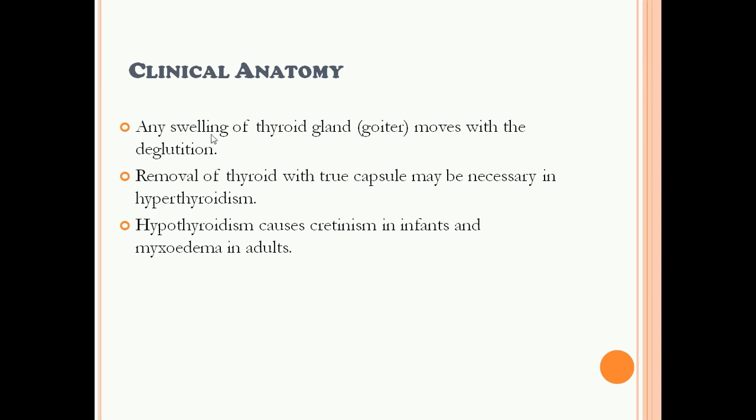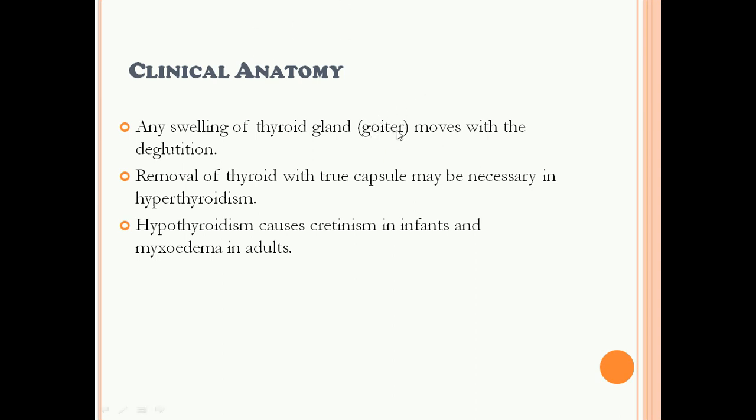In hyperthyroidism, usually the gland increases in size, leading to something called thyrotoxicosis. Thyrotoxicosis means increased production of thyroxine and later leading to toxicity. This is called a condition called goiter.